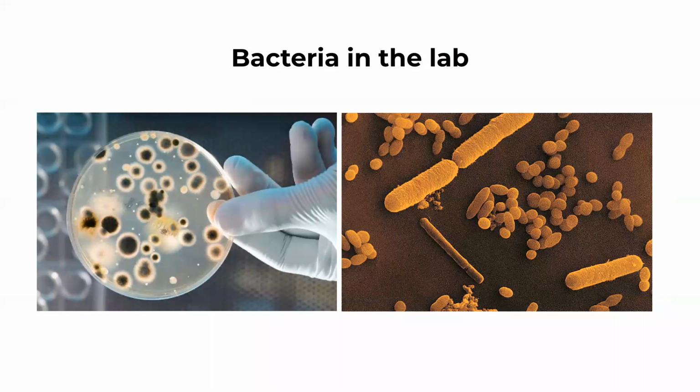One of the things that could be done is we could extract a specific strain of a bacteria, grow it in a lab, and then look at how that bacteria grows in different environments, and how it interacts with a variety of different influences if we change its environment.